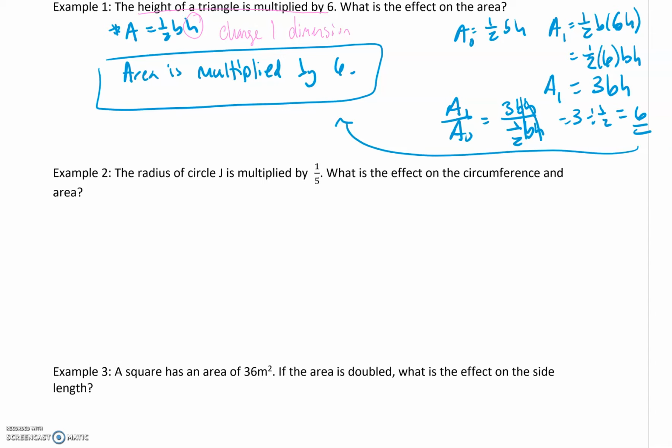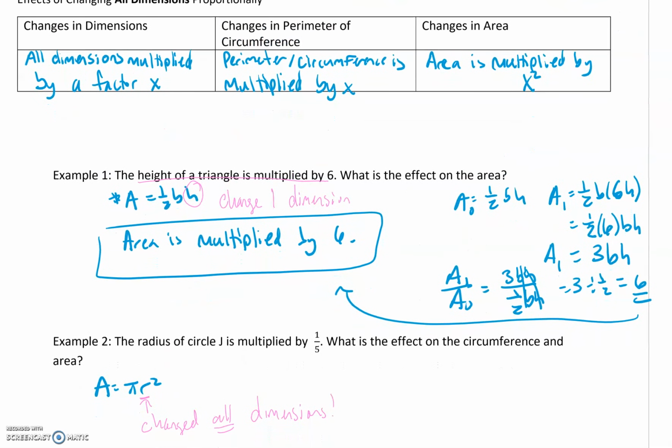So again, I start off with the area formula. Area of a circle is pi times radius squared. In this case, there is only a single dimension. So if you change one, you change it all. So we've changed all dimensions. If I refer back to my notes, circumference is multiplied by the same factor, 1/5.